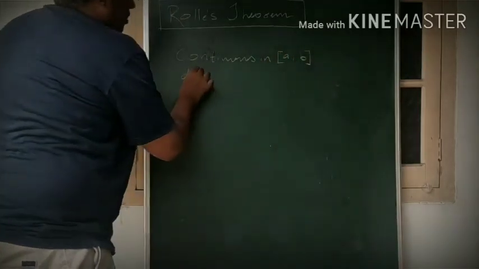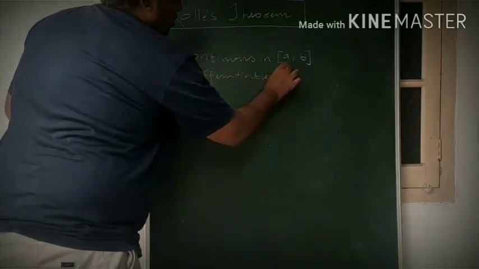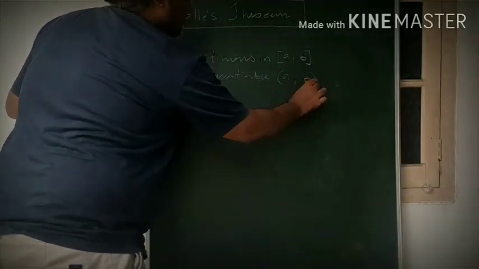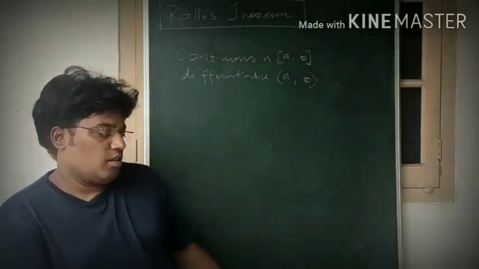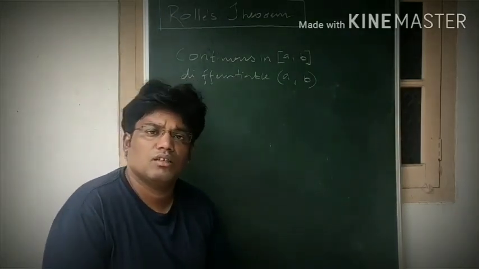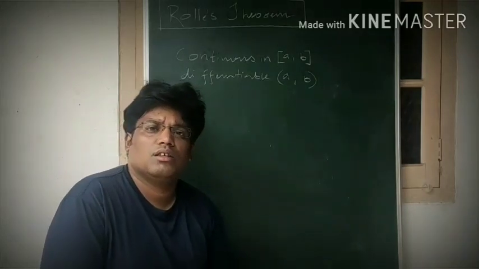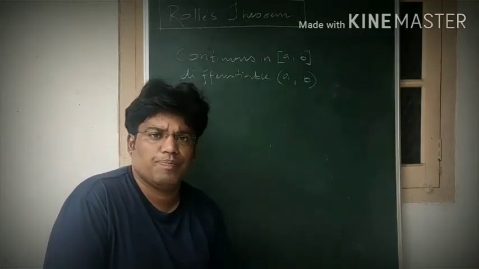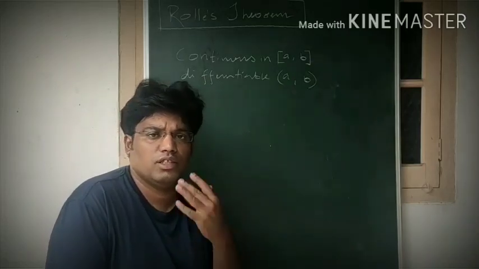And differentiable in the open interval a comma b. And we have f of a is equal to f of b. In the next step we'll be discussing that. So these are the fundamental conditions for Rolle's theorem. First, it must be continuous and it must be differentiable.